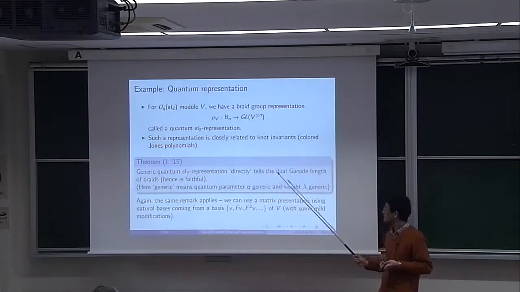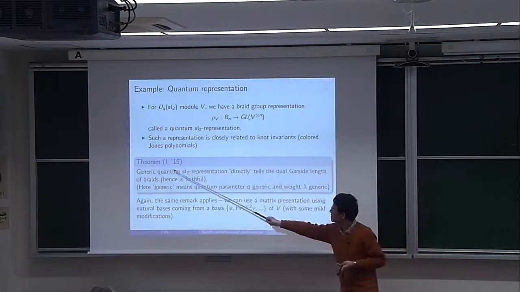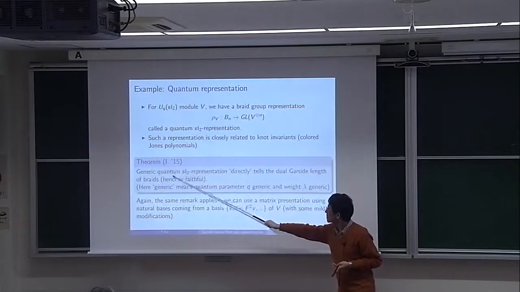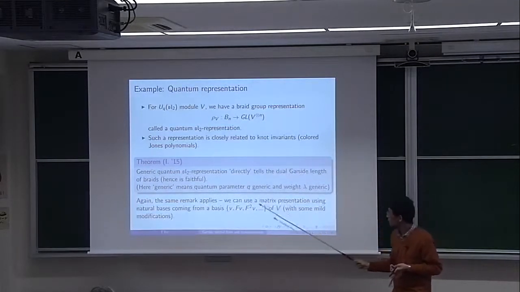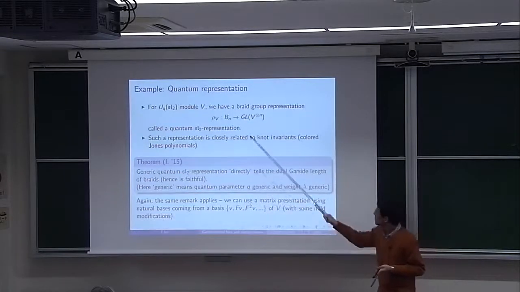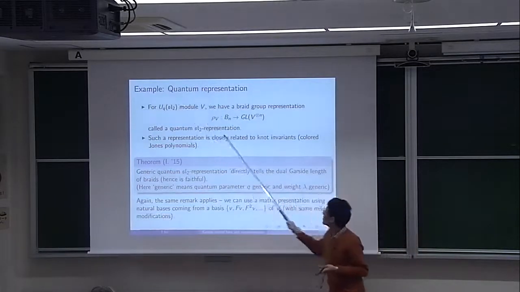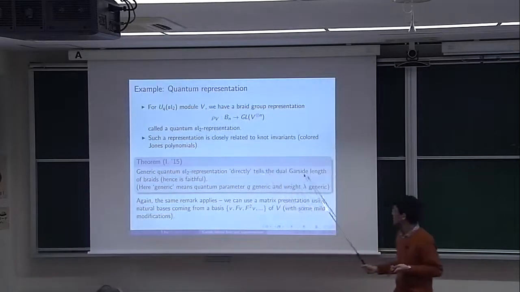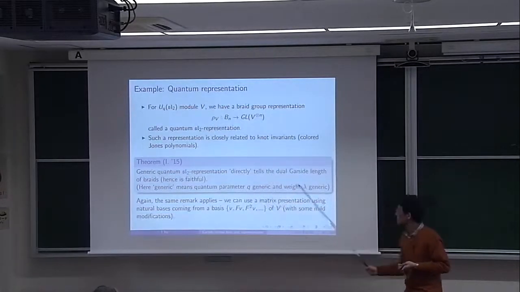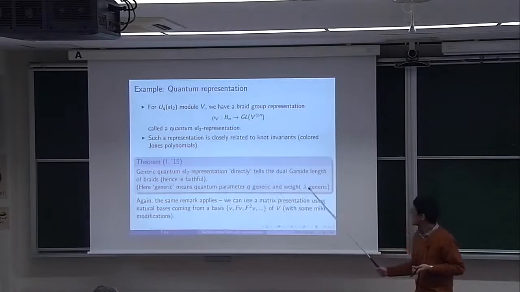Again, a similar situation occurs. When we take the representation generic, then it directly tells the Garside length. Here, generic means that the quantum parameter q is generic, and to define the module, we take a weight, and this variable is generic in the sense that it is not an integer.